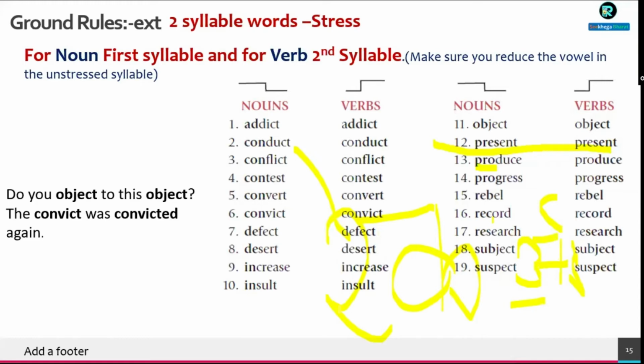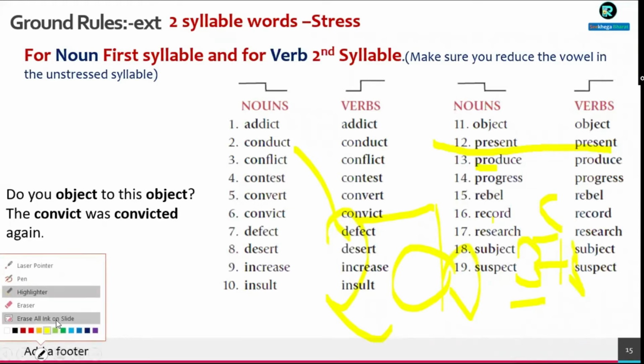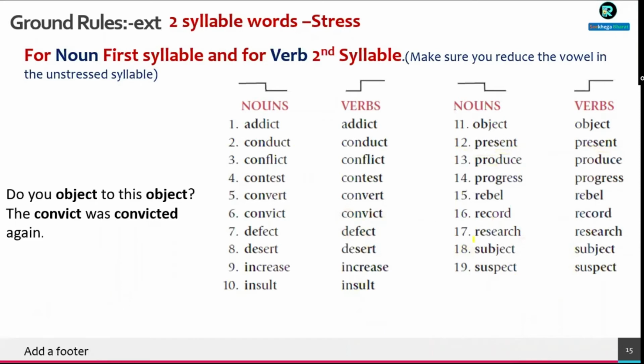Record, record. Mix it. Okay, wait, listen to me. Record, record.